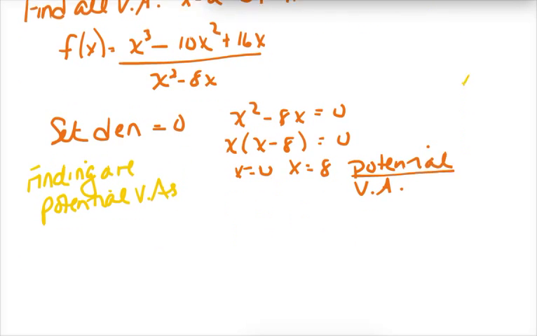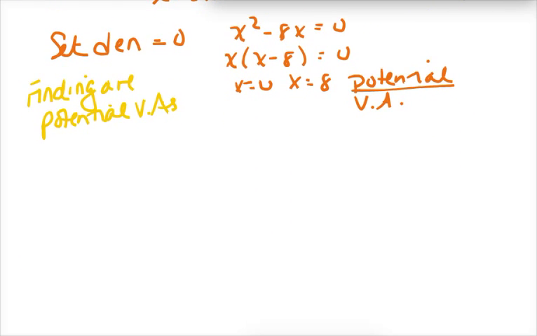So let's do that. Okay? So I want to look at the limit. Let me grab green. The limit, this is a equals 0, right? And here's a equals 8. So I want to look at the limit as x approaches 0 of the function, which I'm going to write as, we have to work on this and factor it out.